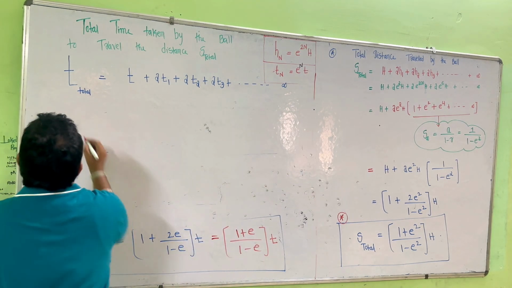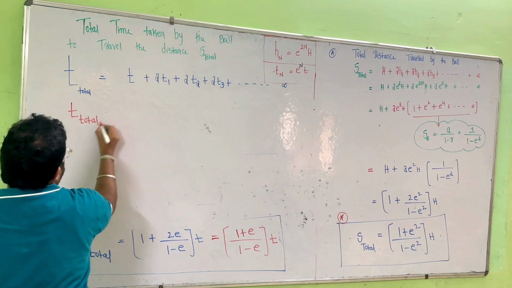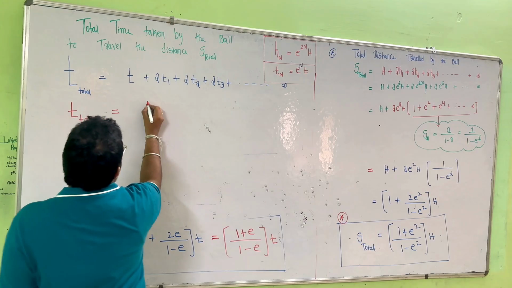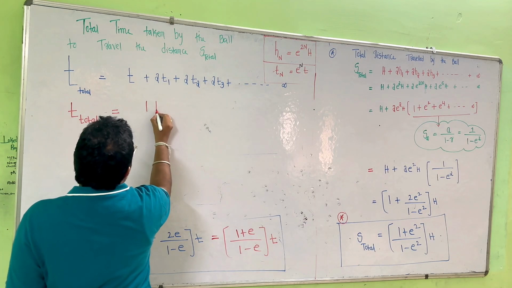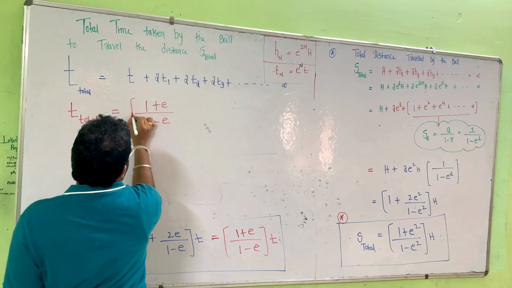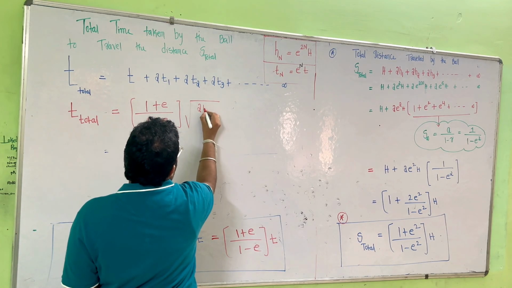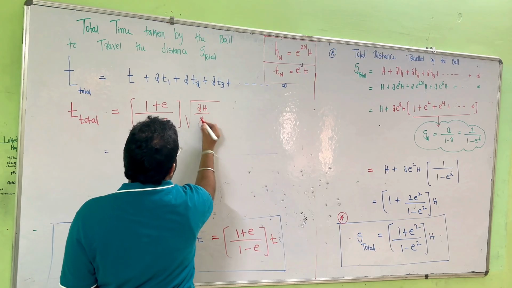What is the total time? Total time equals 1 plus e by 1 minus e into T, where T equals square root of 2h by g.